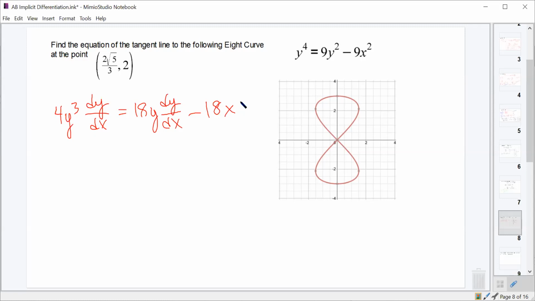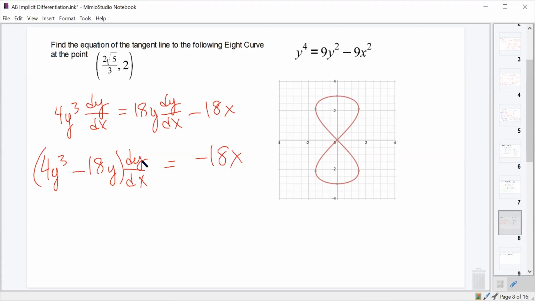We can move the 18y dy dx to the left side and then factor out a dy dx. All right, I'm going to do both of those in one step. So I brought the 18y dy dx over and factored out the dy dx from both of them.